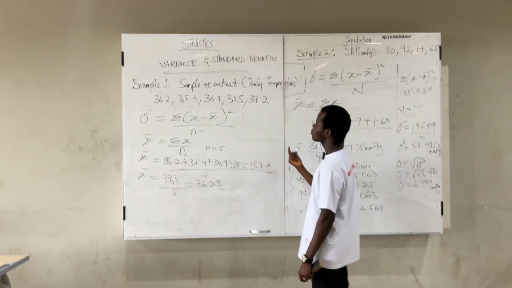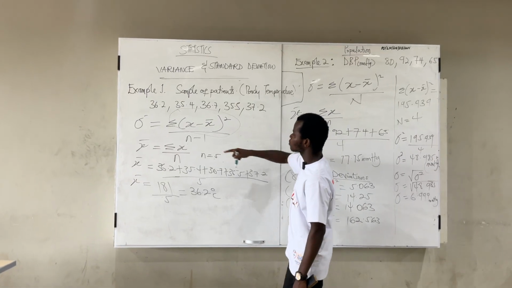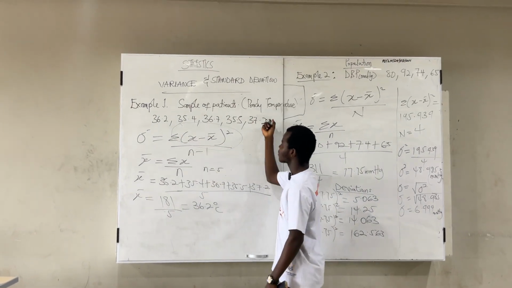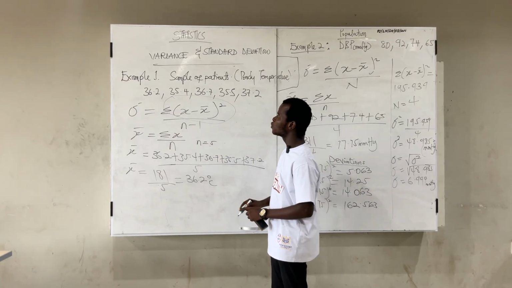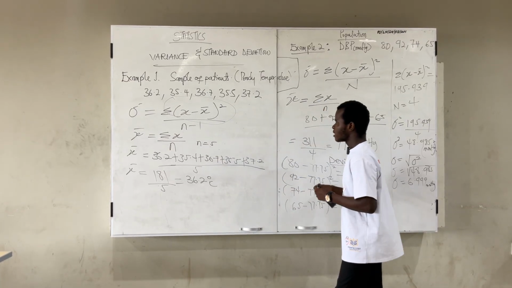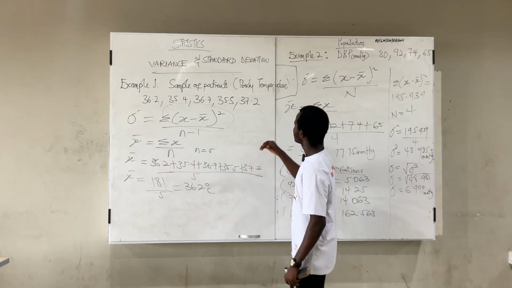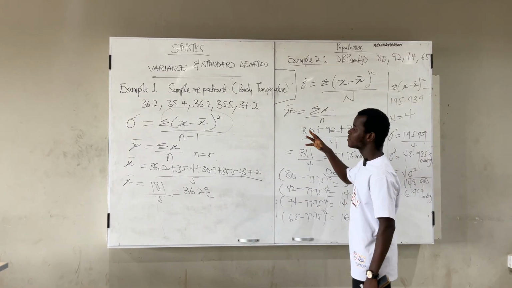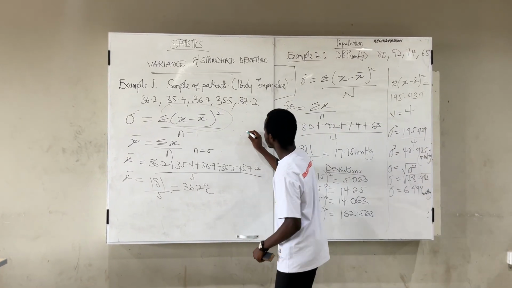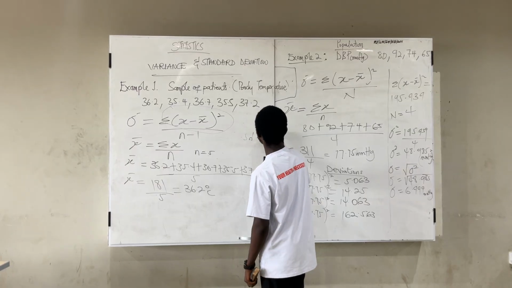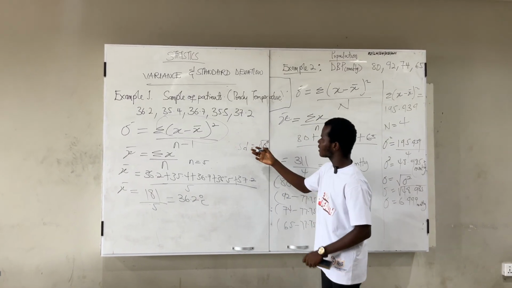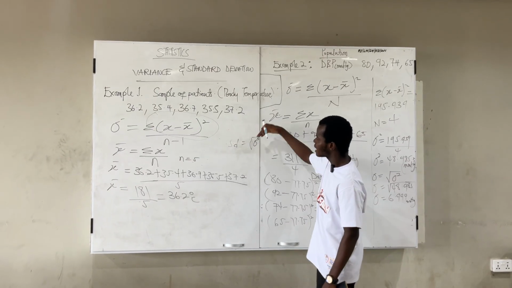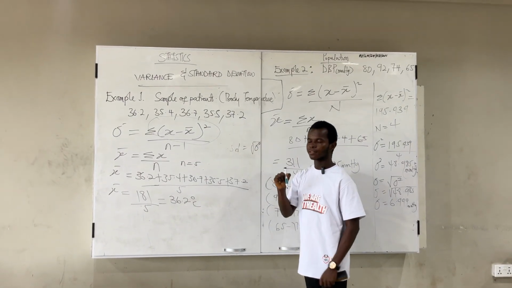After that, you substitute it into the formula, because we have our n to be 5, and then you subtract 1 from the n. That will give you the variance. After that, the formula for finding standard deviation is equal to the square root of the variance. So when you get the variance, you take the square root of the answer, then you get the standard deviation.